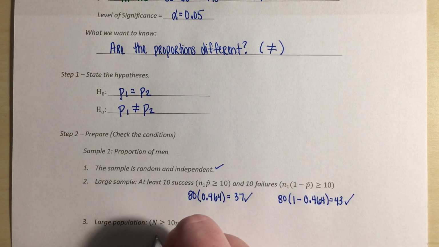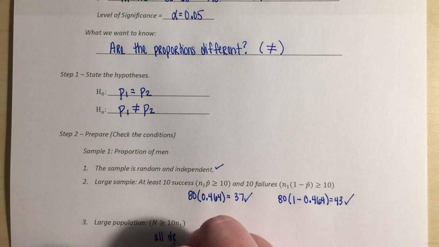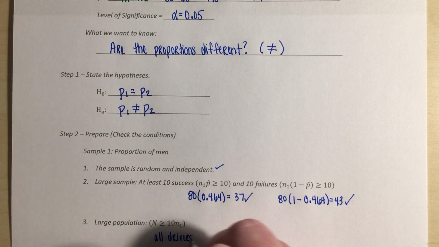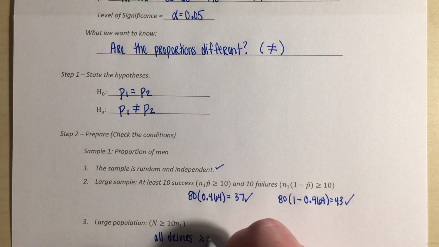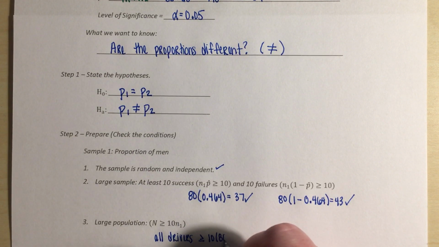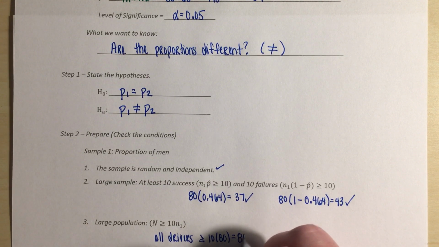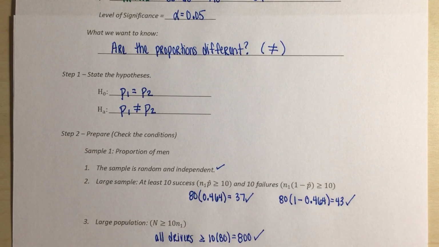Large population, all drivers, greater than or equal to 10 times 80, which is 800. We can assume that this is true.